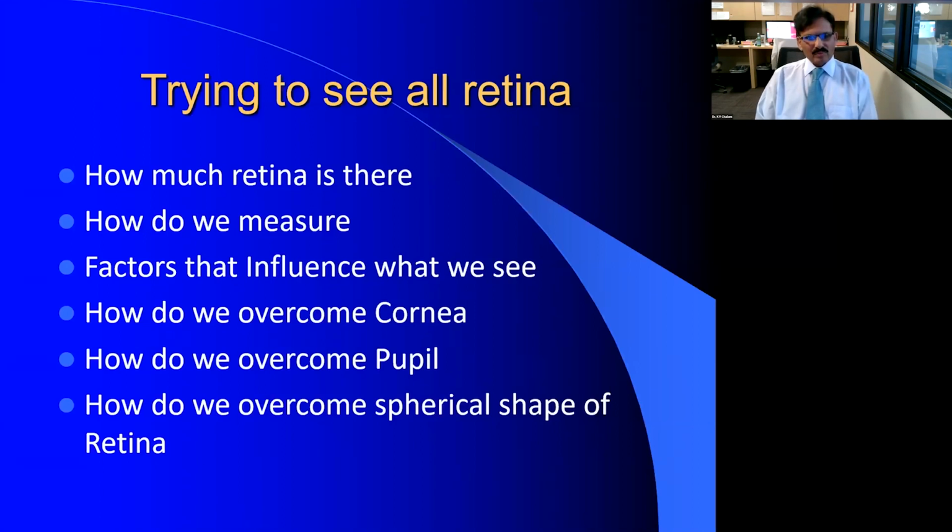How do we overcome the size of the pupil and its influence on what we see? And how do we overcome the spherical shape of retina? It is not a flat surface which you can get one view, and because of the curvature of the eye, how do we overcome, and what kind of utilities do we have with the lenses?